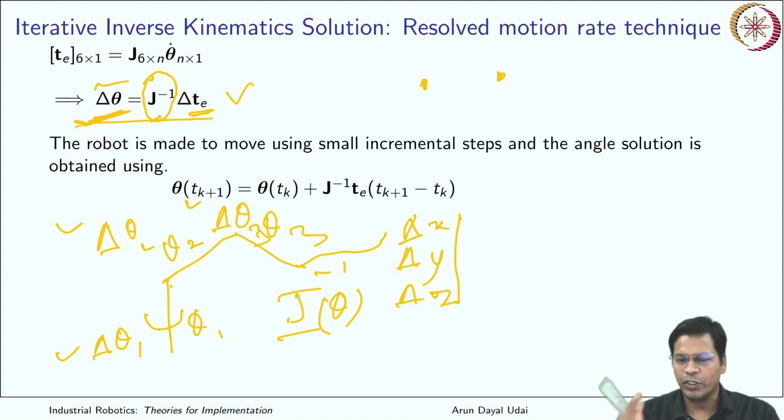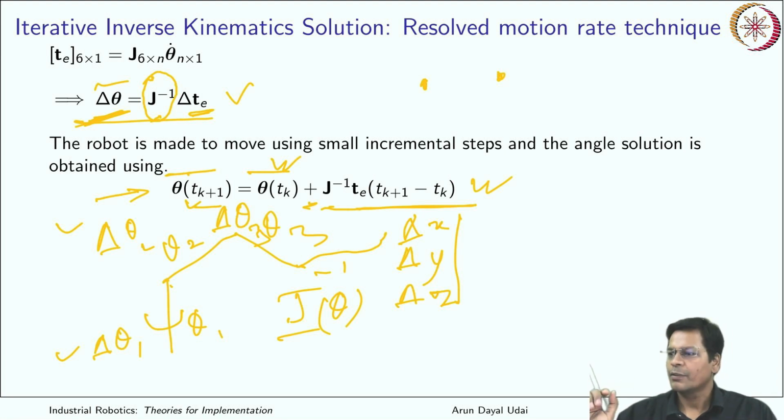Mind it, this is true only for very small displacement. So this is your new equation: theta at k plus 1, that is the next point, is the first point plus J inverse of this. This is delta theta, the delta theta that you are trying to add on to the previous joint angle, getting the new joint angle for the change in position.